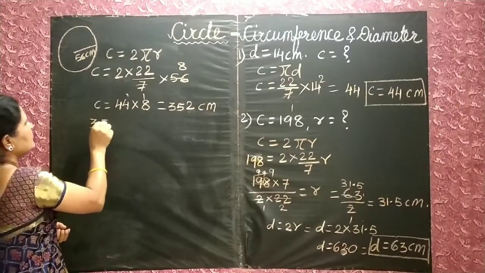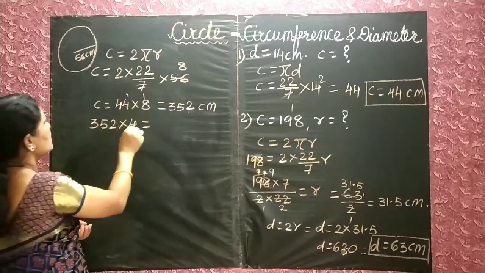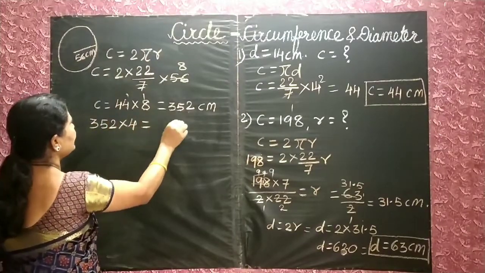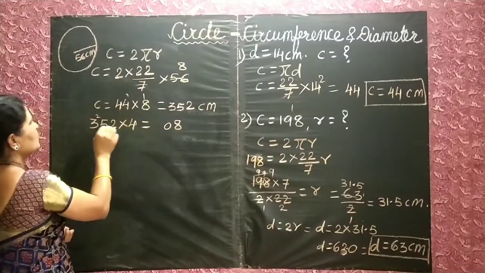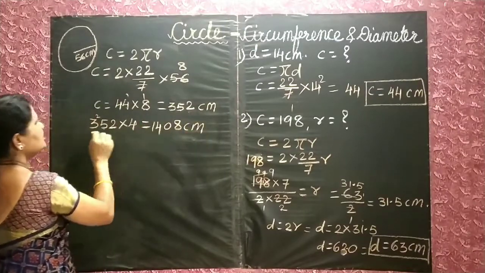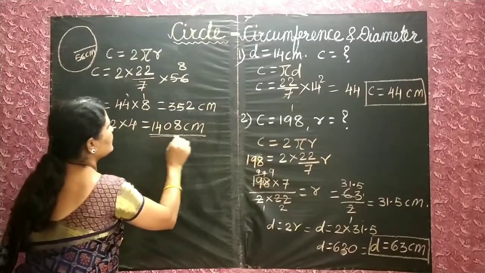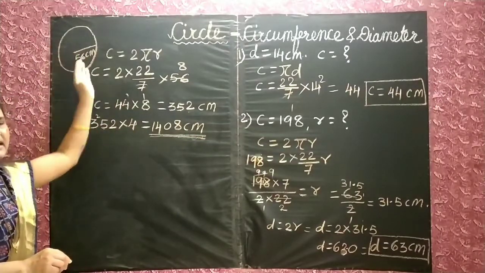We are going to multiply it by 4. So 4 twos are 8, 4 fives are 20, 2 carry, 4 threes are 12 and 2 is 14. This much centimeter of fence should be required for the 4 rounds of the garden.